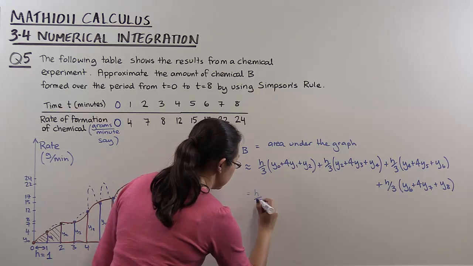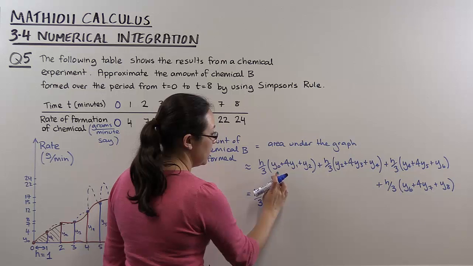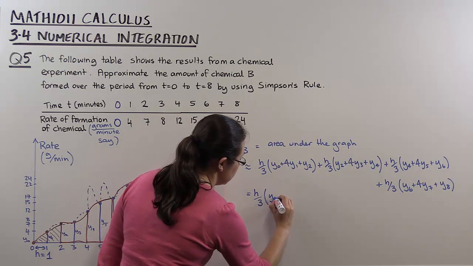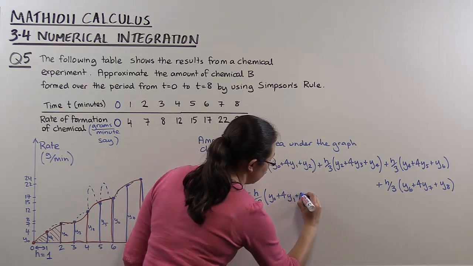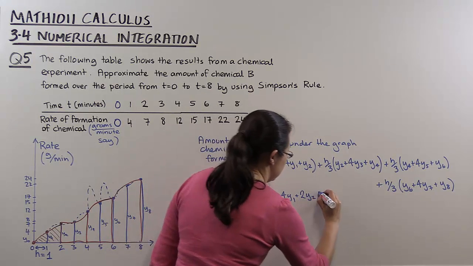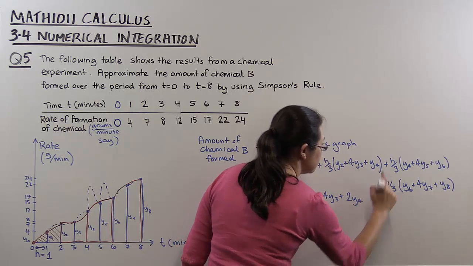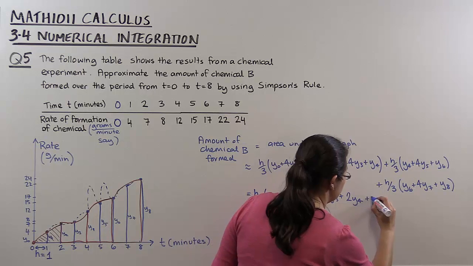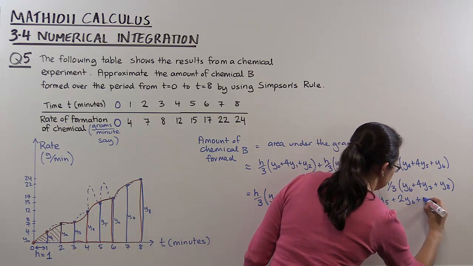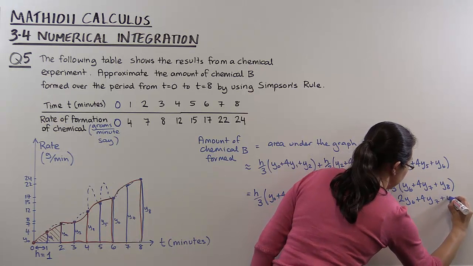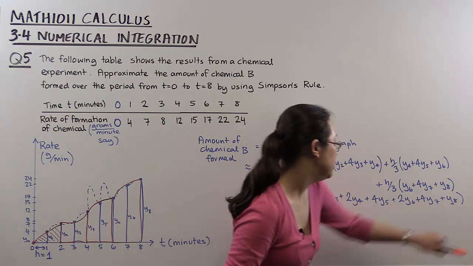If we take h on 3 outside the front, then we have y0 plus 4y1, y2 plus y2 will have 2 y2s, 4 y3s, 2 y4s here, 4 y5s, 2 y6s, 4 y7s, and a y8. So you can simplify it there if you wish.